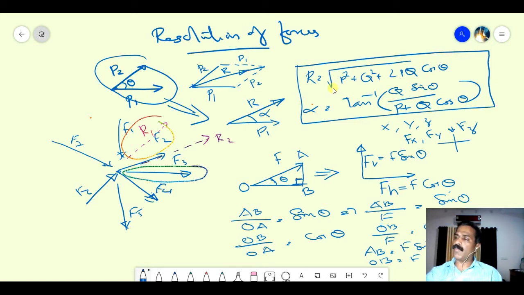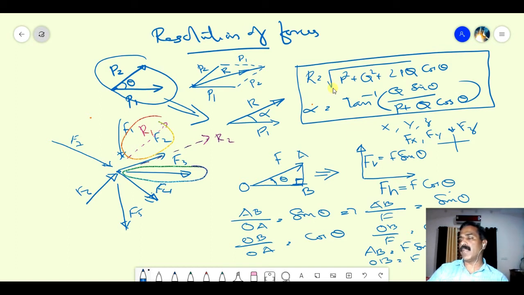We will be applying this concept in the resolution of forces, and thereby finding the resultant of a number of forces, that is, more than two forces. If only two concurrent forces are acting on a body simultaneously, then we can make use of the parallelogram law of vectors.